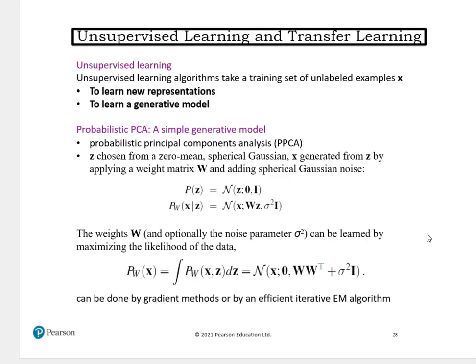So for example, new features of images that make it easier to identify the objects in an image. The second thing is that it tries to learn a generative model, which is essentially a probability distribution from which we can generate new samples. So two things. First, to learn new representation.